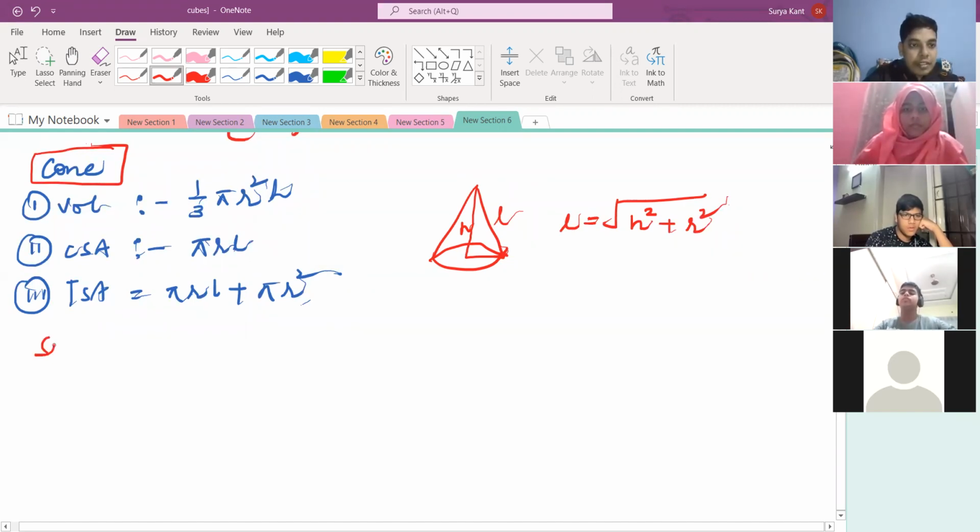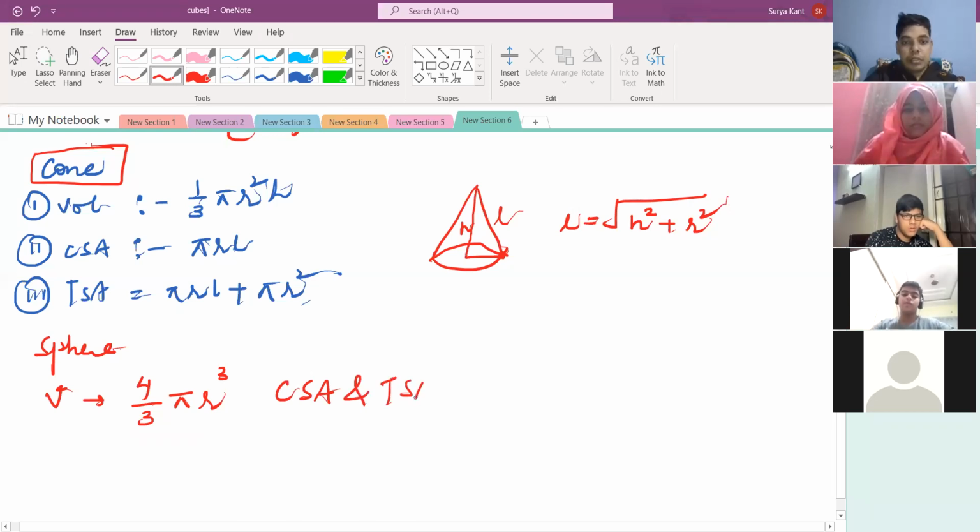Okay, now sphere. Volume of sphere is 4/3 pi r cube. What is CSA? 4 pi r square. Both are the same only.